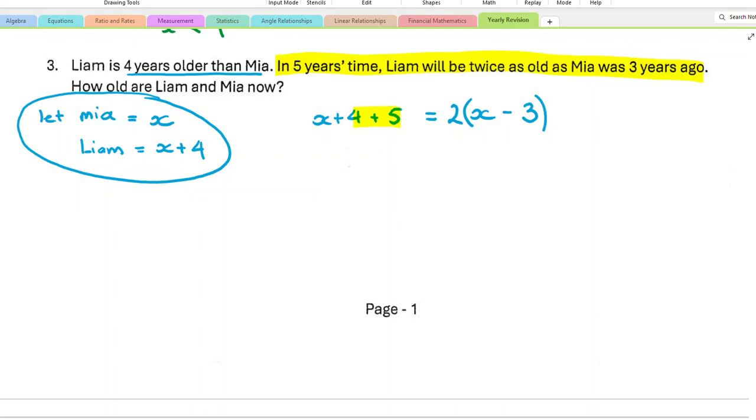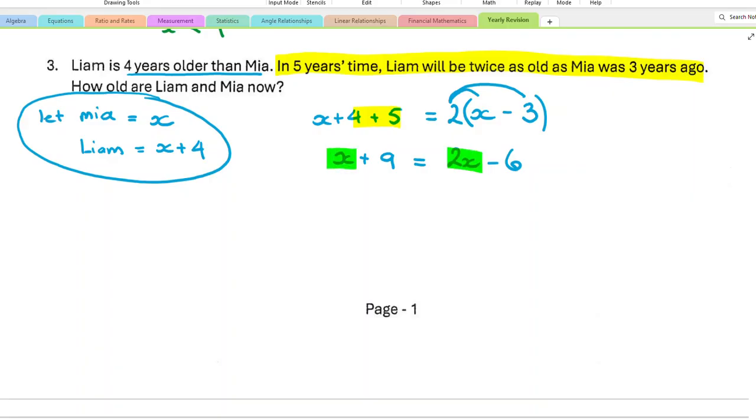4 plus 5 is 9, so I have x plus 9 equals. On the other side of the equation, I'm going to need to expand those brackets. So 2 times x is 2x minus 2 times 3 is 6. Now I have a little bit of a nicer equation, but I still have pronumerals on both sides.